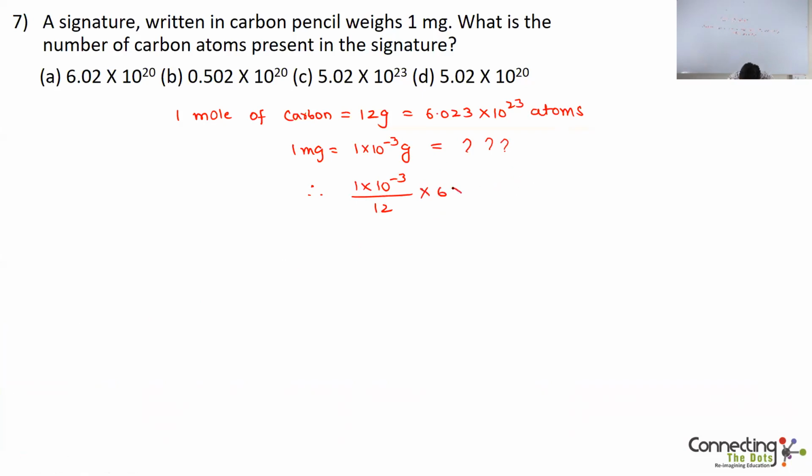So it will be 6 times 10 power 23. 6 2s are 12. Then 1 by 2 is nothing but 0.5 times 10 power 20, because 23 minus 3 will be 20. So let us look at if we have an option. Yeah, you have an option 0.502 times 10 power 20. So B will be the answer. So that's how we solve these kind of questions. Let us look at the next question.